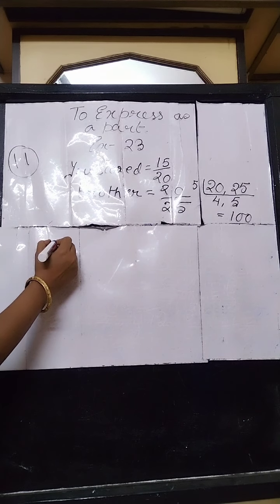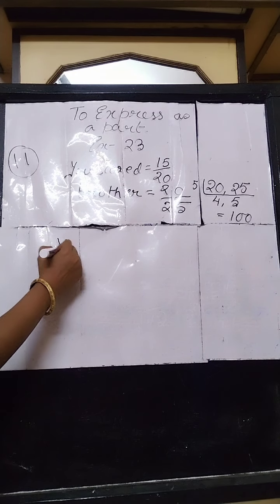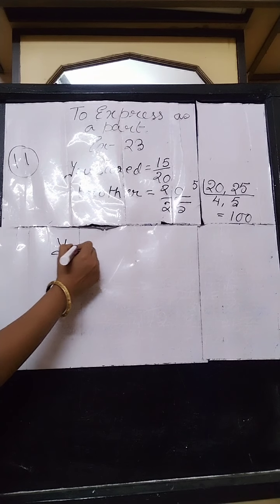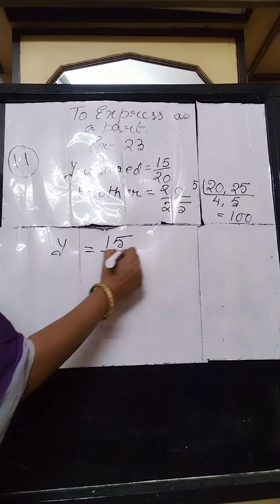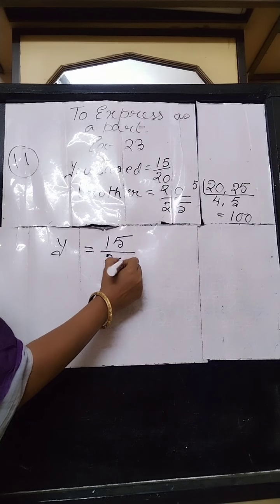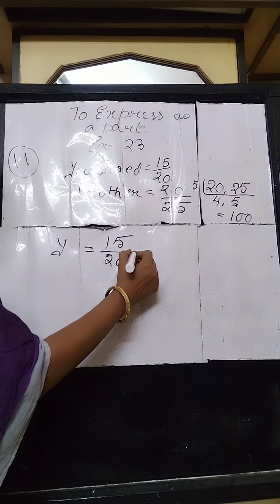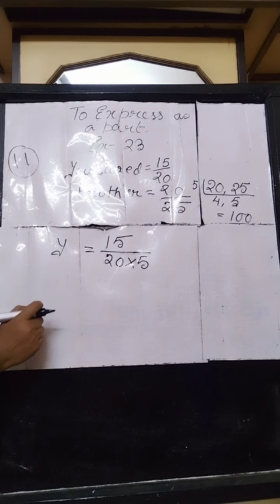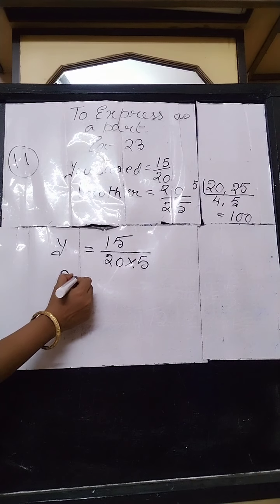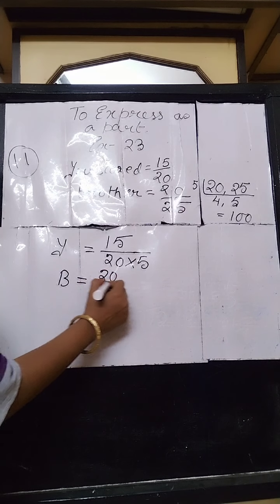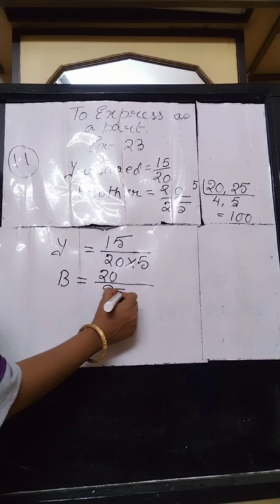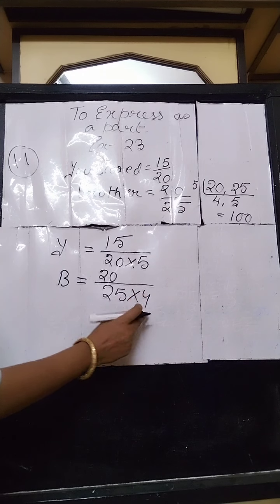So your score in mathematics is 15 by 20 into 5, because 20 into 5 gives you 100, and your brother's score is 20 by 25 into 4. 25 into 4 gives you 100.